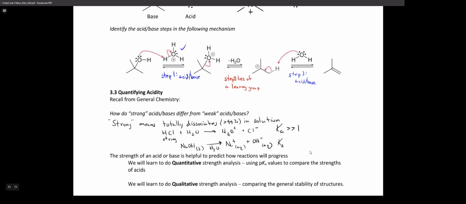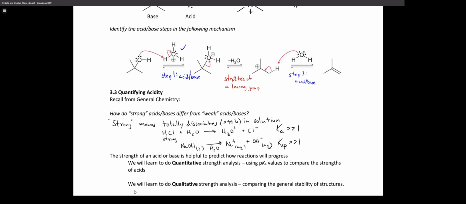Ksp. Good. Or it could be Kb much greater than 1, but we didn't have any Kbs much greater than 1 in Chem 140. We don't see any of those until this semester.